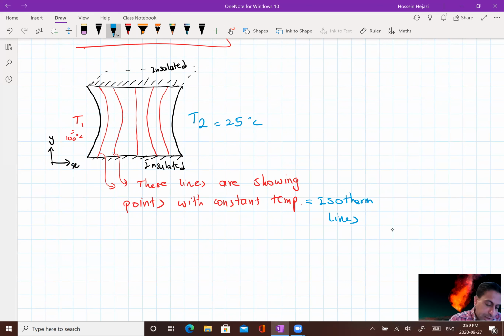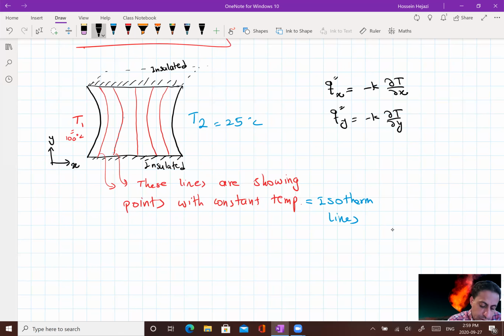Now, we know by the heat conduction equation that if I want to find the heat flux, q double prime x is going to be minus k dT over dx, and q double prime y is going to be minus k dT dy.